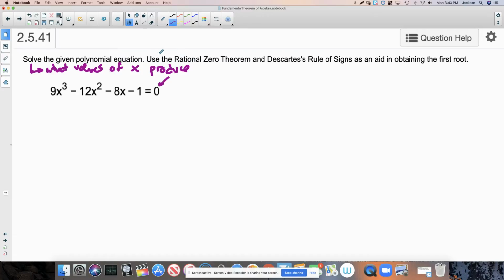All right. Now, when they say use the rational zero theorem, again, we did not cover this in my class, okay? And we did not cover Descartes' rule of signs, only because René Descartes did not have Desmos, and we do, okay? So we're going to leverage that. Now, when you look at this four-termed polynomial, we've talked in the past about how one way of finding zeros is finding all of the factors, right?